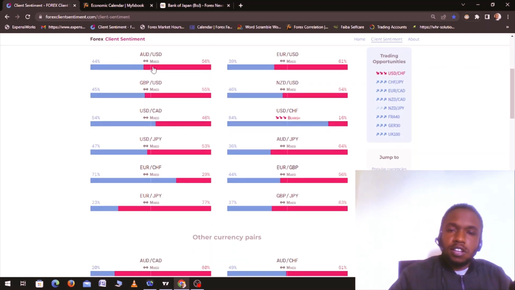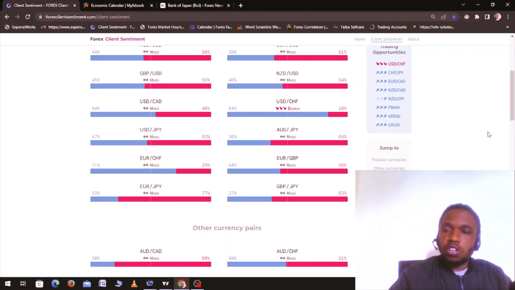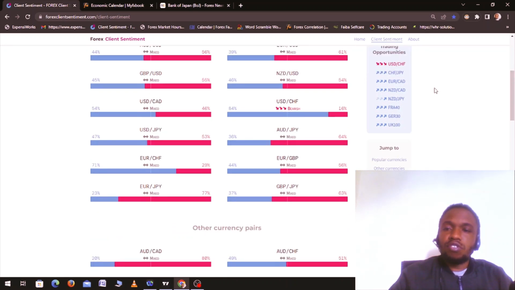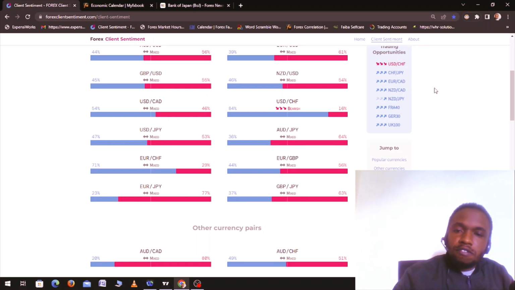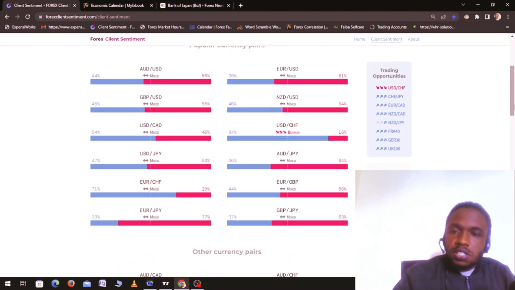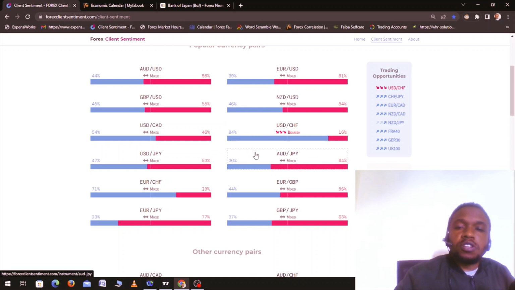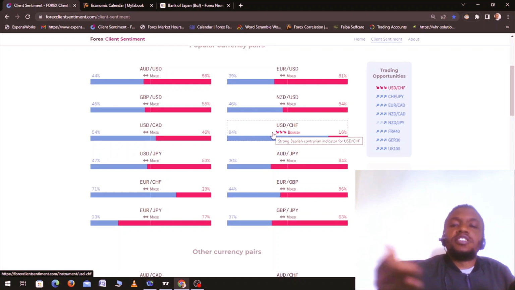They also give you trading opportunities, showing what the big financial institutions are doing. They're saying USD/CHF is in bearish momentum, and if you look, smart money is doing the opposite of what retail traders are doing.